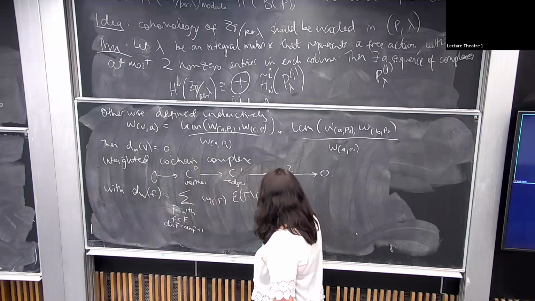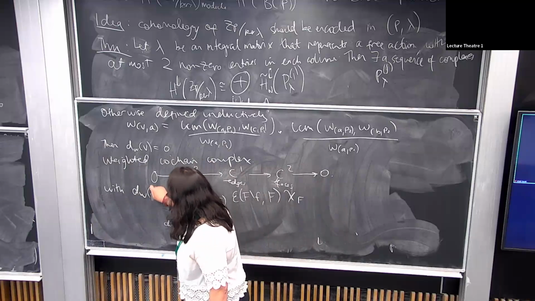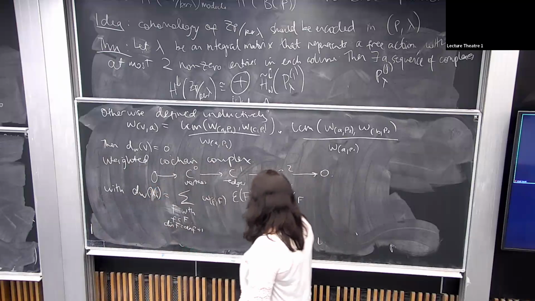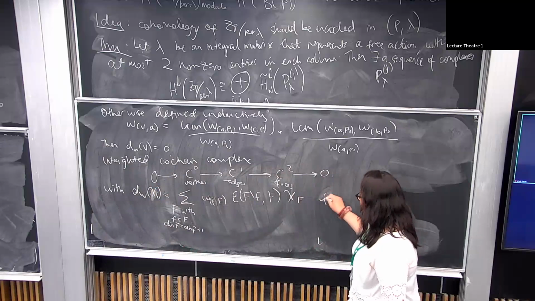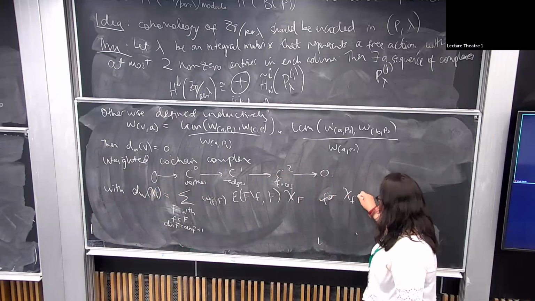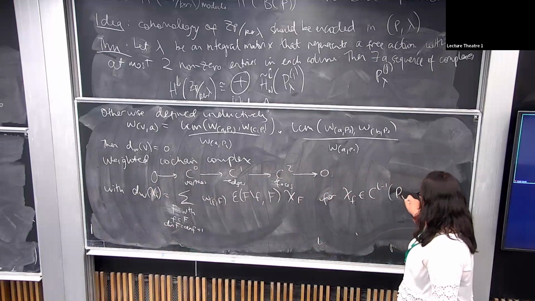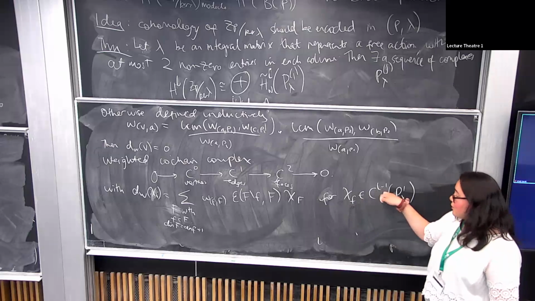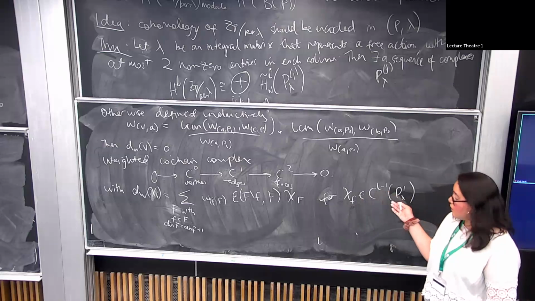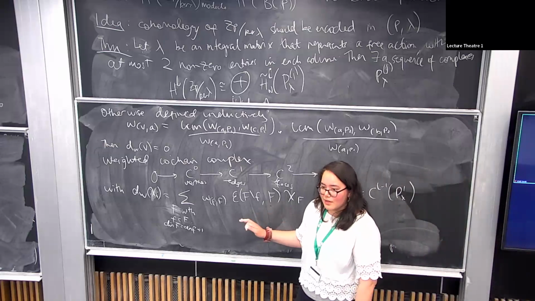For the index little f in C, let's say L minus 1, P lambda 1. So F really is an L minus 1 face of this complex. Then this differential is exactly the usual differential.